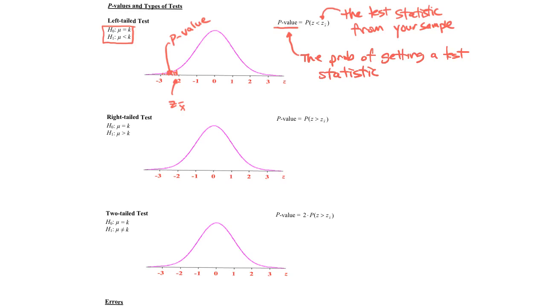So the probability can be interpreted as the area under the curve, and so that's where this comes from.